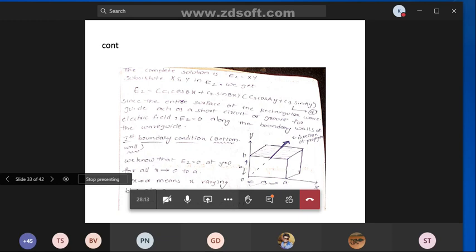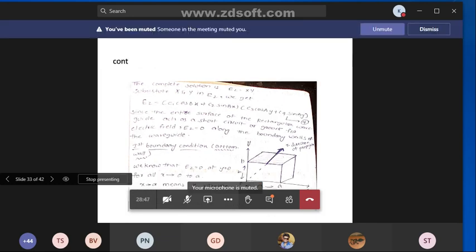So for this reason we can take Ez equal to 0. So the electric field along z direction is 0. It is x direction, it is y direction, and it is the z direction. The wave is propagating along the z direction, right?